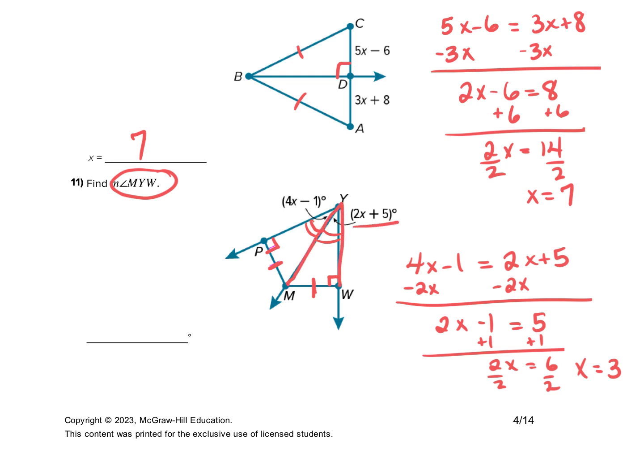So that makes it this angle here, the 2x plus 5. I need to substitute my value of x into my expression. 2 times 3 is 6, and when I add 5, I get 11 degrees. Now I have the correct answer.